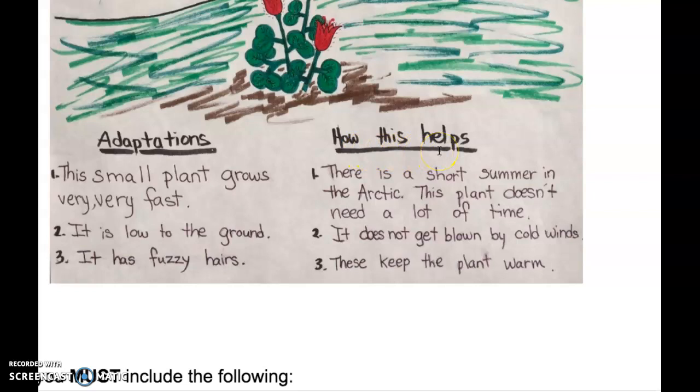How this helps. There is a short summer in the Arctic. This plant doesn't need a lot of time. 2, it is low to the ground. How this helps. It doesn't get blown by cold winds. 3, it has fuzzy hairs. How this helps. These keep the plant warm.